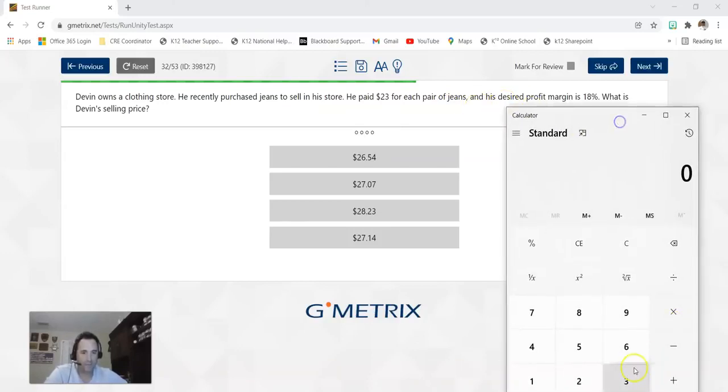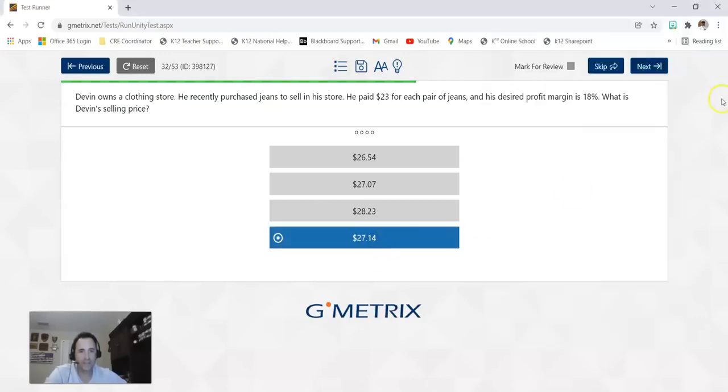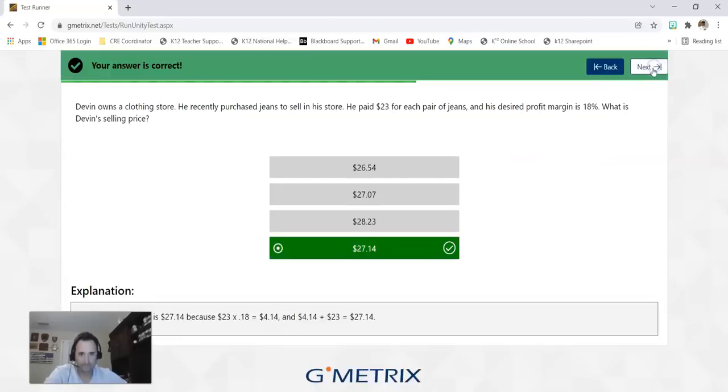So same formula, he paid $23. We're going to multiply that by 18%, which is 0.18, and that gives us a $4.14 profit. We're going to add that $4.14 to the $23 he paid, so he must sell the jeans for $27.14 in order to make his 18% profit margin.